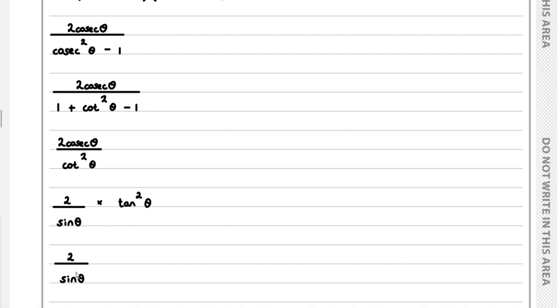So we have 2 over sine theta multiplied by tan squared theta, and the tan squared theta I can replace with sine squared theta over cos squared theta.